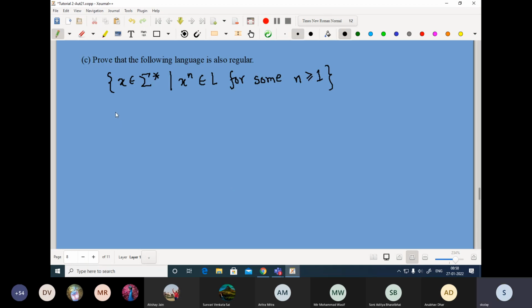So first answer this question. Let me say L tilde, which is X in sigma star such that X to the C belongs to L. So C is a specific constant.